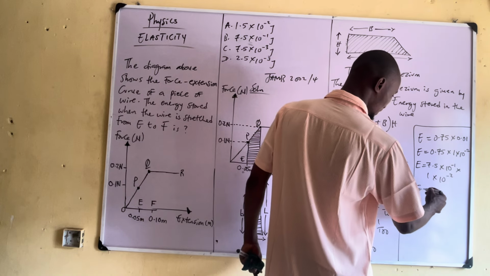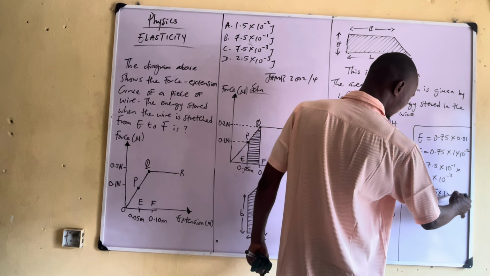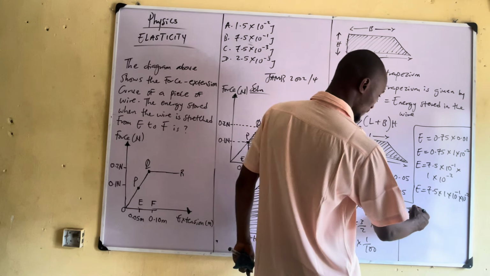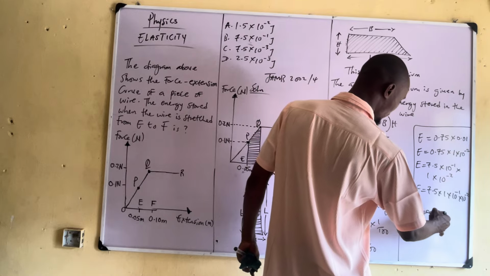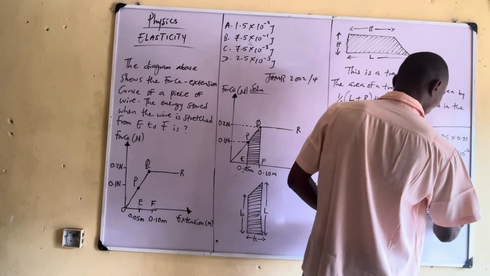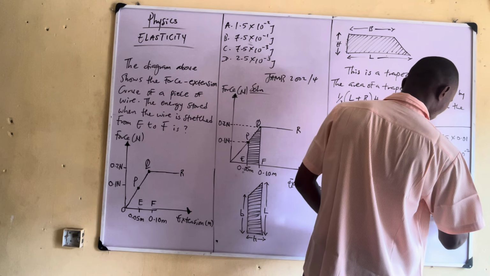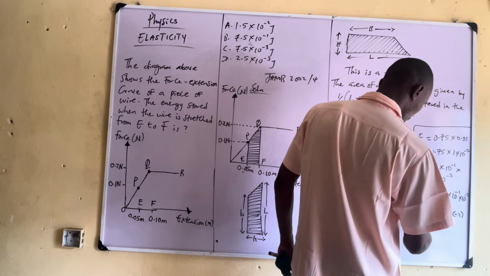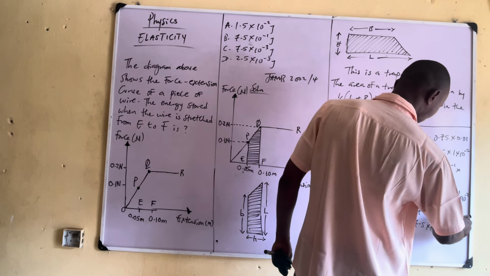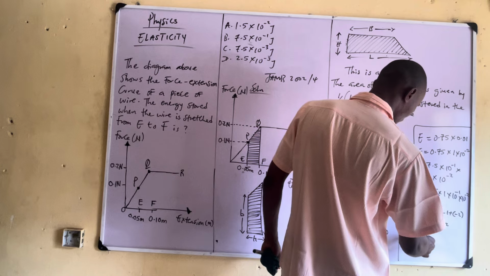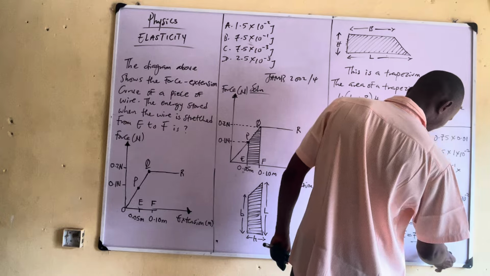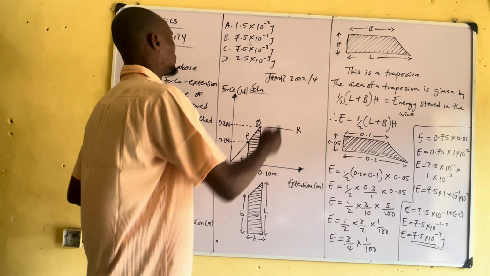So now E is equal to 7.5 times 10 raised to the power minus 1 times 10 raised to the power minus 2. So E is equal to 7.5 times 10 raised to the power minus 3, because this is minus 1 plus minus 2. So E is equal to 7.5 times 10 raised to the power minus 3 joule. Final answer. So the answer is option C.